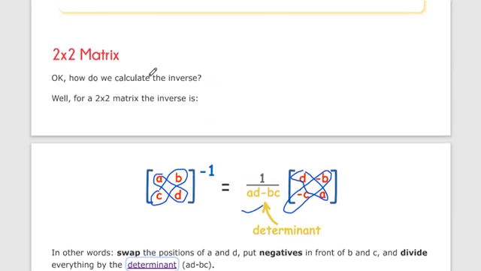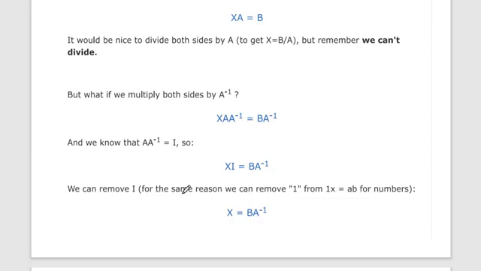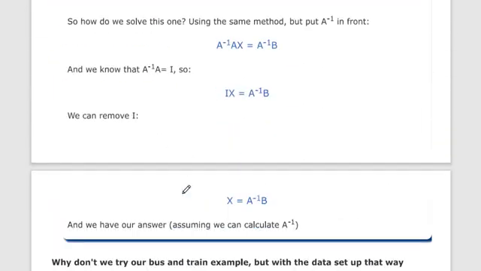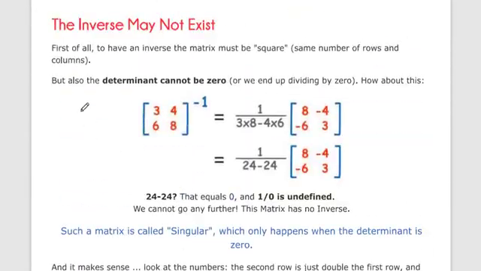Okay, so the inverse of a 2 by 2 matrix is easy, but in 3 by 3 there is a somewhat complex method. Okay, so this is a 2 by 2 matrix. The inverse may not exist. We already talked about how if the determinant is equal to 0, then it will not exist. This type of matrix is called a singular matrix.